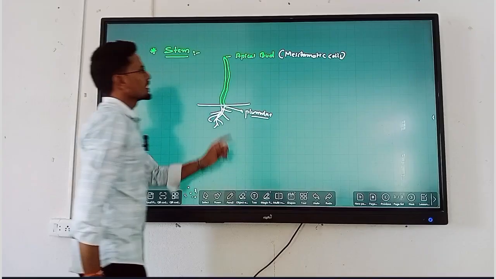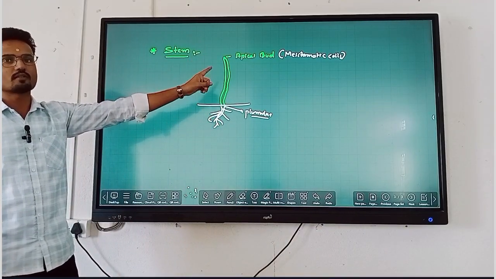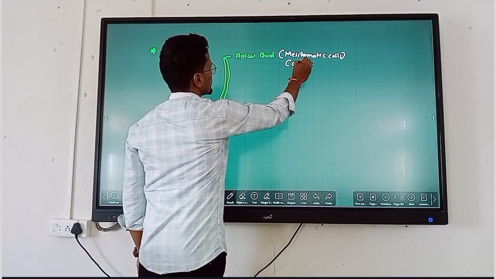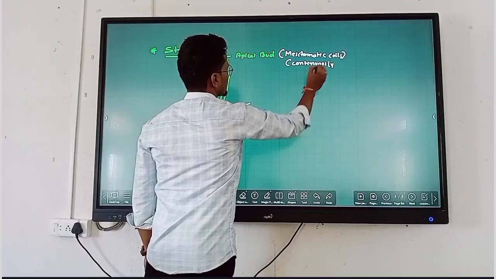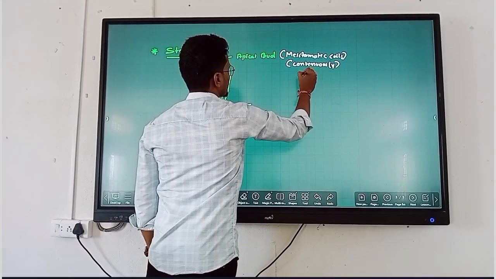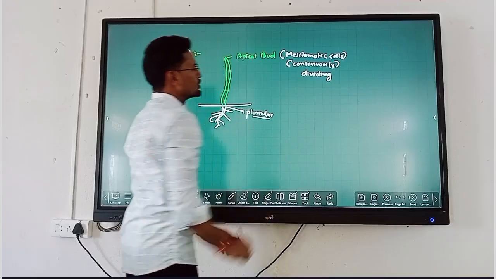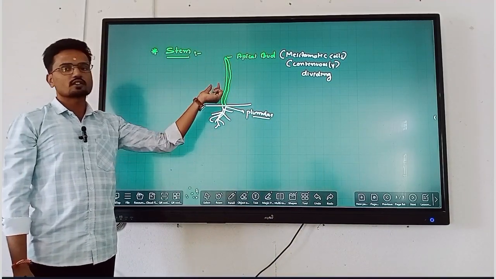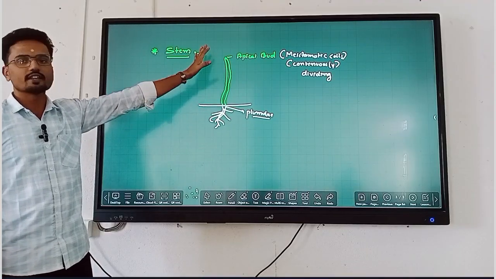This apical region of the shoot is made up of meristematic cells. The meristematic cell function is continuously dividing. Due to the continuous division, the length of the stem is increased.